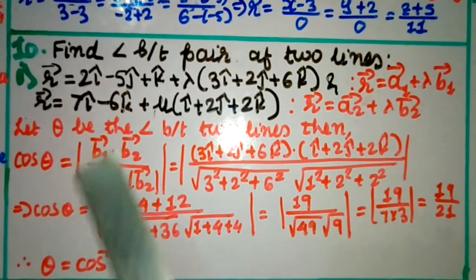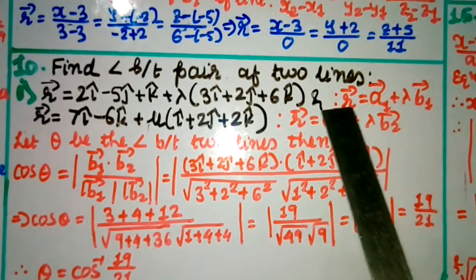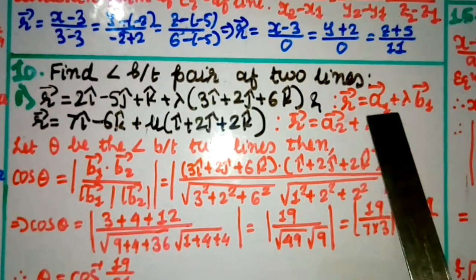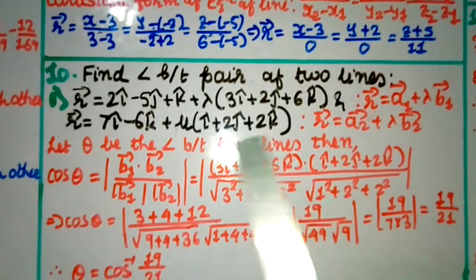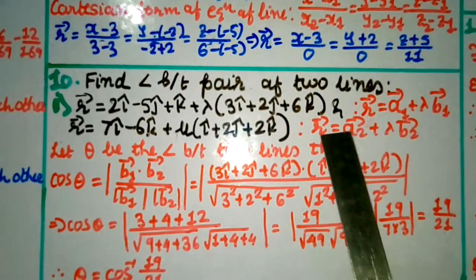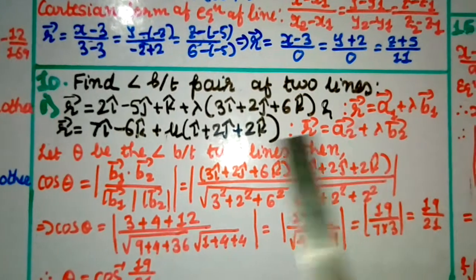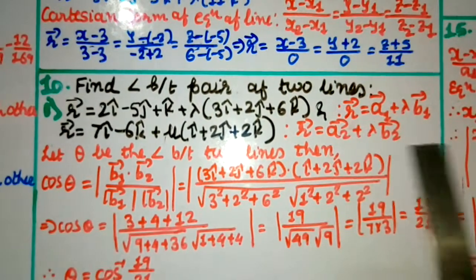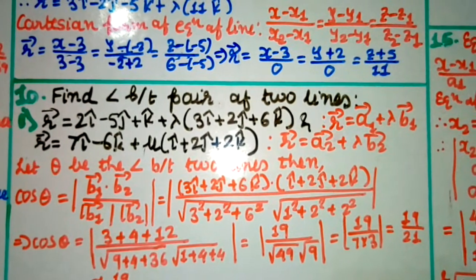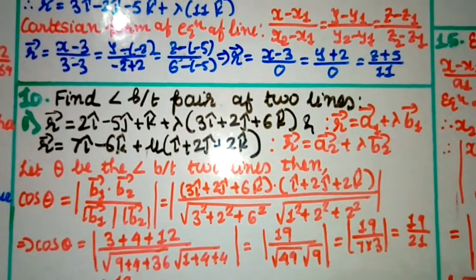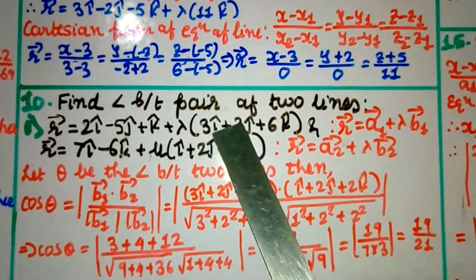So the first line I compare with vector r equals a1 vector plus lambda b1 vector. Similarly, the second one is vector a2 plus mu b2 vector. We compare with the standard equation r equals a plus lambda b. So for two lines, I call them a1, a2, b1, b2.